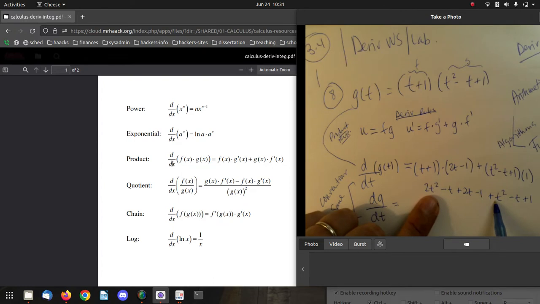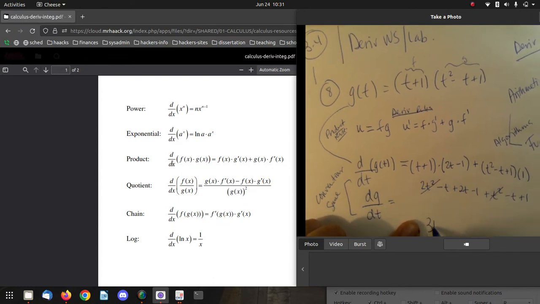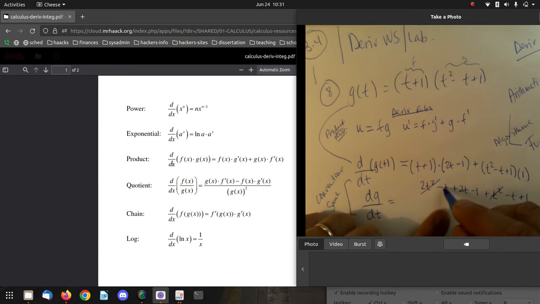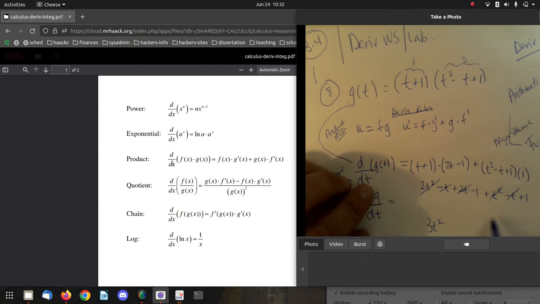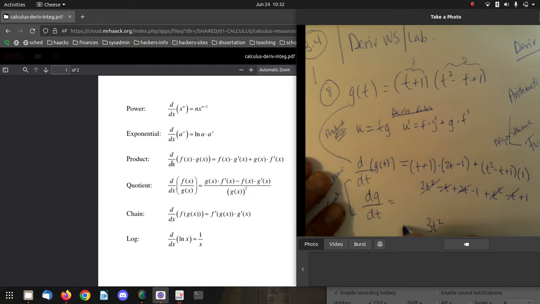Now we have 2t squared plus t squared, which will give us 3t squared. We have negative t plus 2t and another negative t, so 2 negative t's plus 2 positive t's will be 0 t's left over, and negative 1 plus 1 will be 0. So I'm getting a final answer for dg dt of 3t squared.